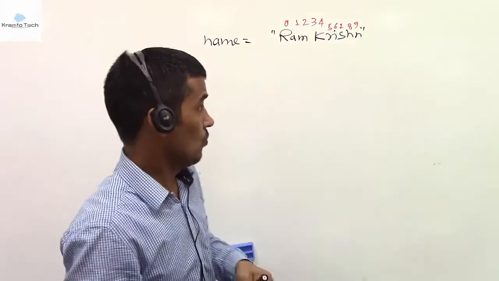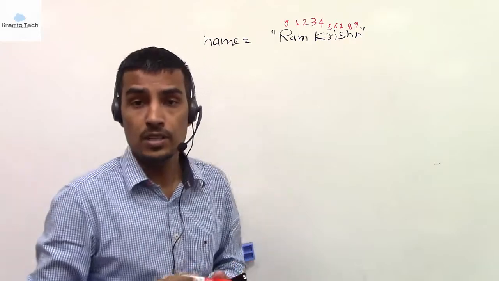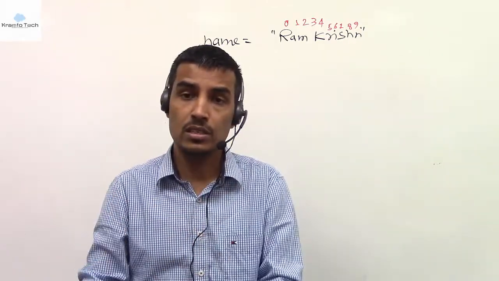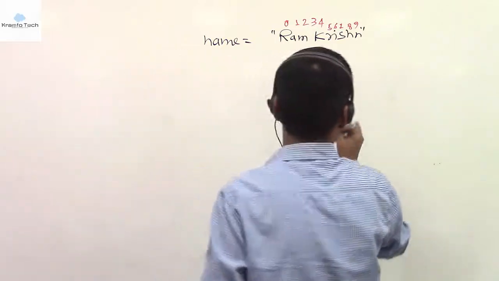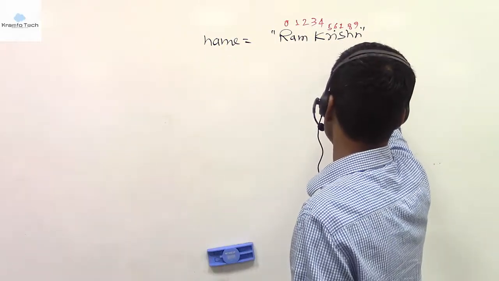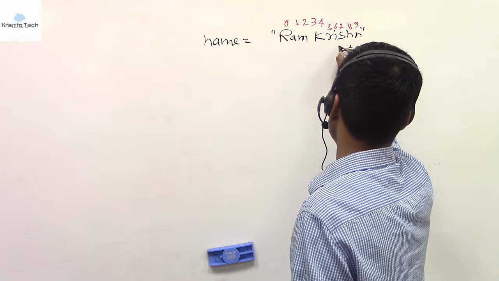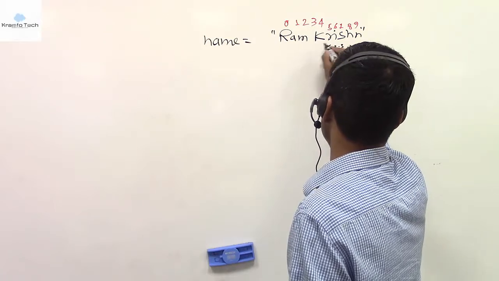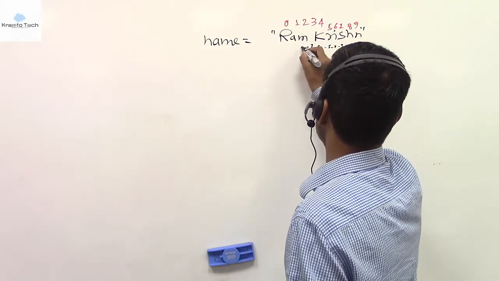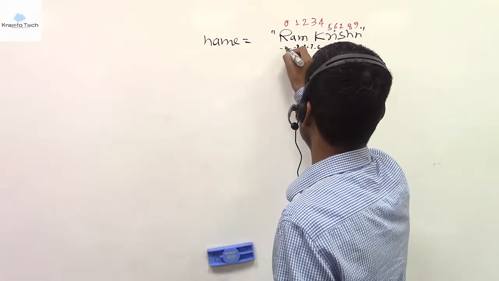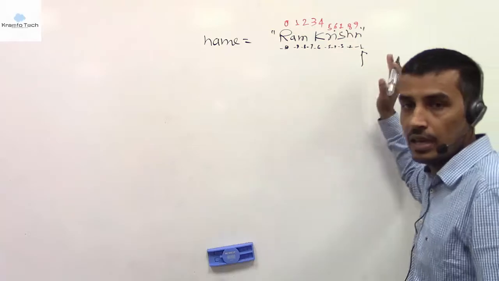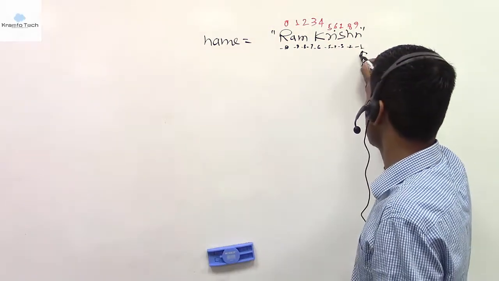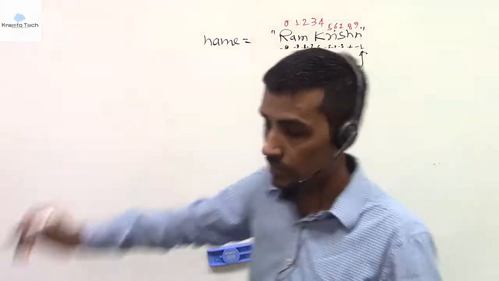Now Python provides one more option to traverse the string from the reverse side. If I want to start from the end, you can write -1, -2, -3, -4, -5, -6, -7, -8, -9, and -10. It means from the back side, from the end of the string, you can start indexing.